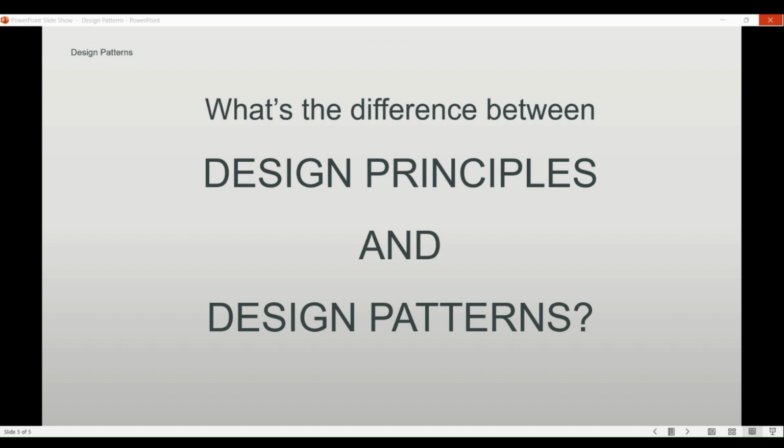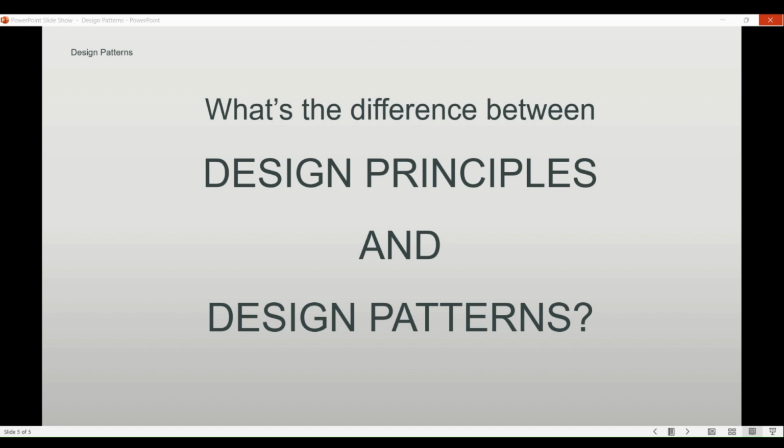So they are more general than design patterns, and they provide a broader set of guidelines for designing software systems. While design patterns are reusable solutions to commonly occurring problems in software design. They are the templates that help in writing code that is more modular, reusable, and maintainable.